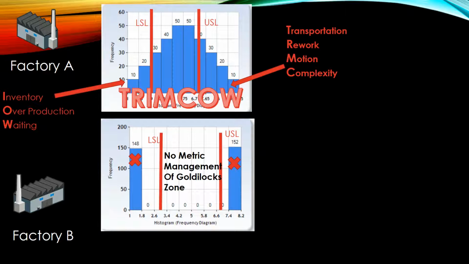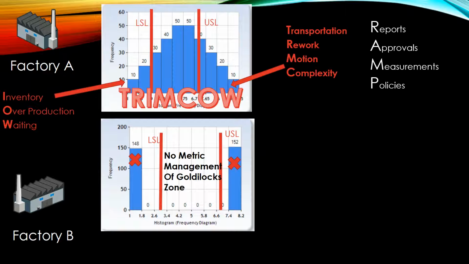On the right-hand side of the upper specification limit, the types of waste you're likely to find are the T, R, M, and C from TRIMCAL. You're likely to have transportation, rework, motion, or complexity, some unnecessary things. RAMP is another good acronym to think of and look for types of waste.